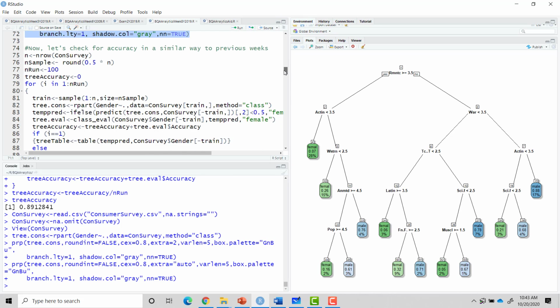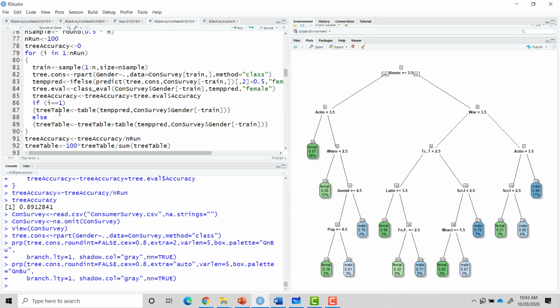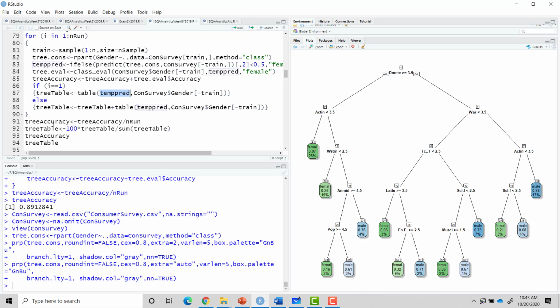So now let's do exactly the same as before. But this time we're also getting the classification table. So we use the table command based on our prediction and the actual values to get the table. And we're basically going to add the tables together and divide by the number of tables. So here we're getting a bit more complicated.